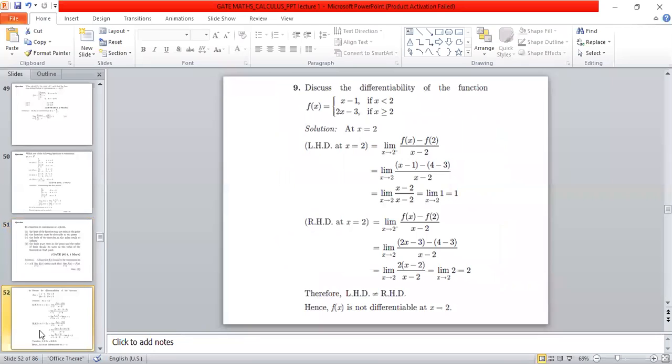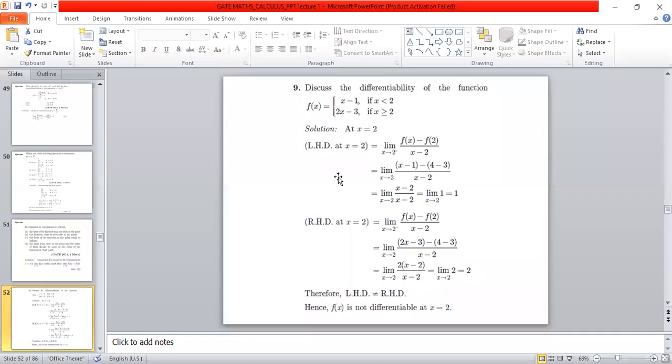Next, we have covered limit and continuity. Now comes differentiability. So we have to discuss the differentiability of the function. Is the given function differentiable at 2? We are considering 2 because at 2 the function breaks. Now we are not checking continuity, we are checking the derivative.